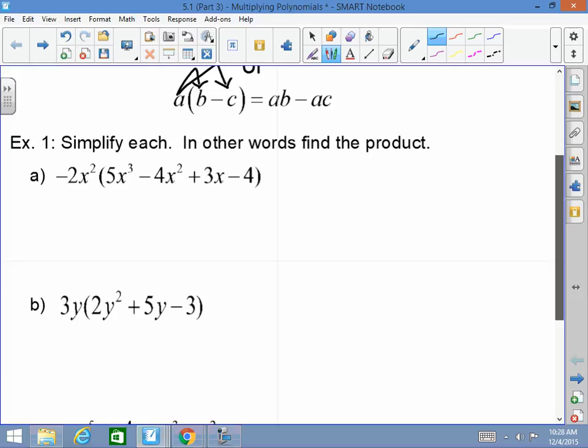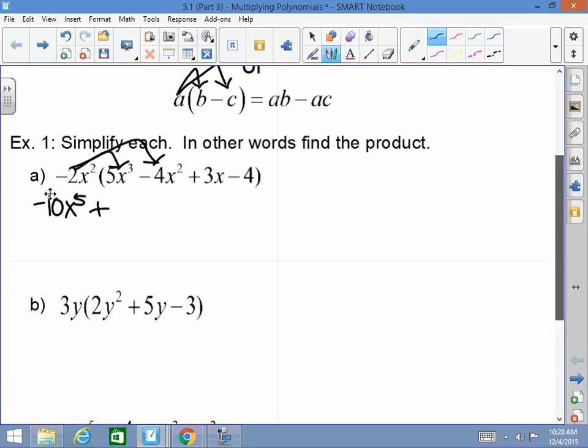I've got negative 2x squared times 5x cubed minus 4x squared plus 3x minus 4. I want to simplify this, okay? This is a distributive property, so I'm going to go ahead and literally distribute. Negative 2x squared times 5x cubed is negative 10x to the 5th power. Then distribute.